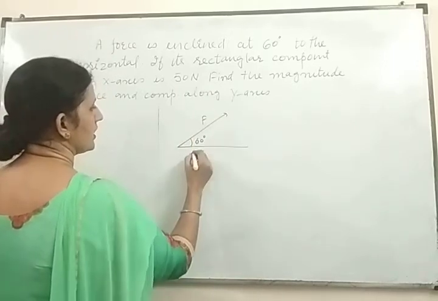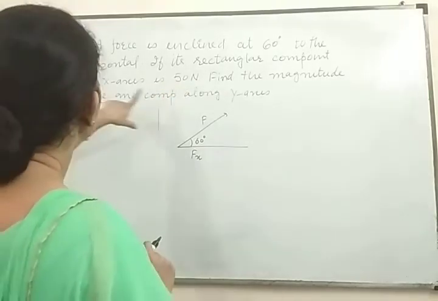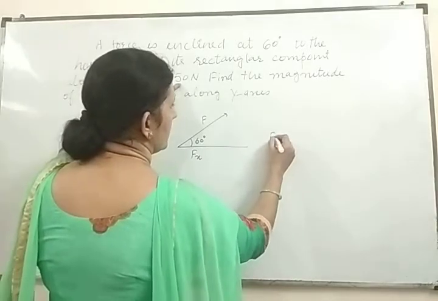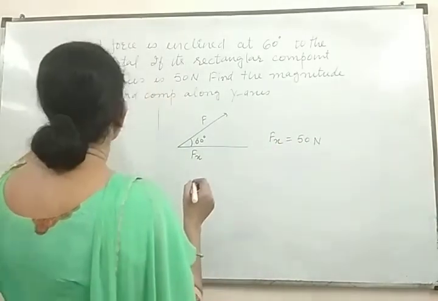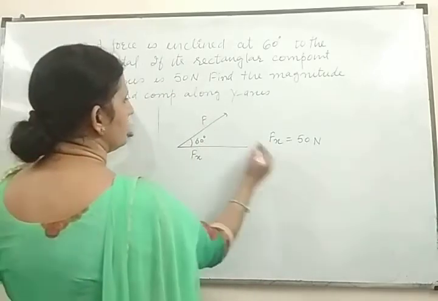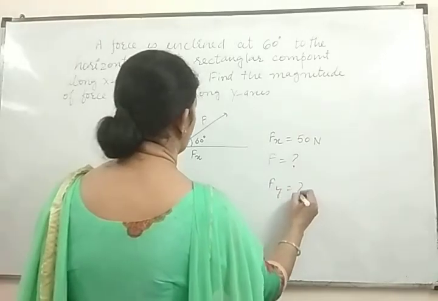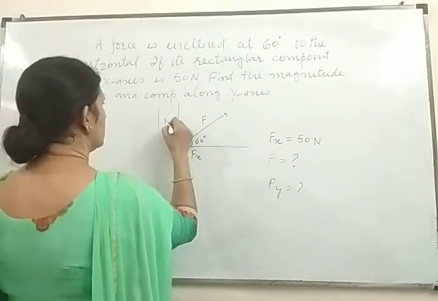This is the Fx component. The rectangular component Fx along the x-axis is 50 Newton. It means Fx is given to you. Find the magnitude of force F and the vertical component Fy. So first of all write what is given to you.